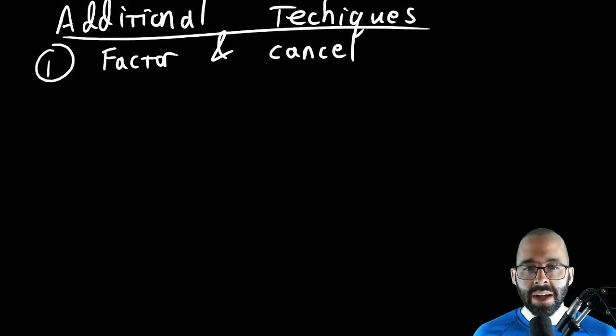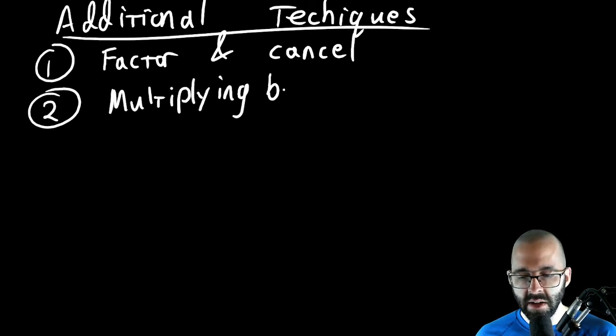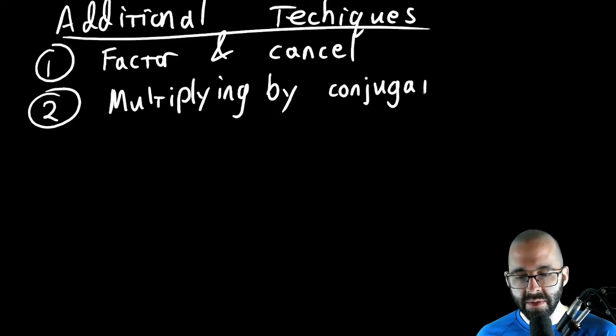If you cannot use direct substitution, if you cannot use that theorem for polynomials and rationals, if you cannot use limit laws, try factoring and canceling. If that doesn't work, try multiplying by the conjugate. That's what we did in the second example in this video.